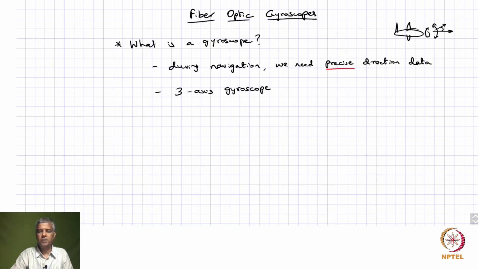So what is the kind of precision that we are talking about typically? You need to essentially do rotation rate measurements, typically expressed in degree per second or degree per hour type of units.